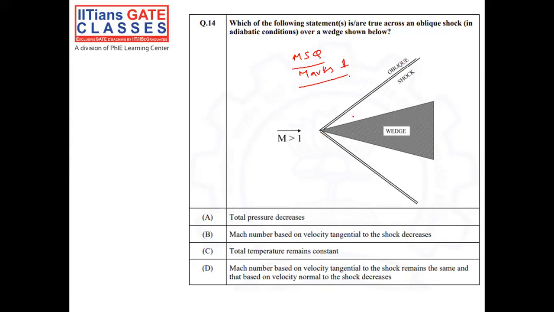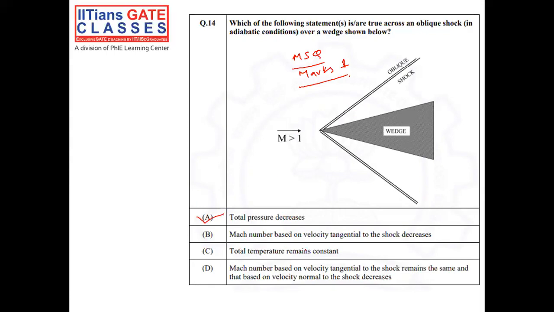The question has basically been asked on the flow properties across an oblique shock. So the options: the total pressure decreases. Yes, because across an oblique shock, the entropy always increases, and hence total pressure decreases. So this is the correct option.